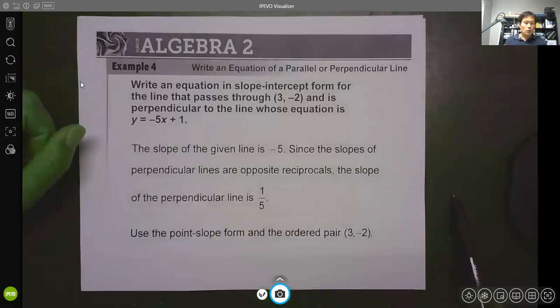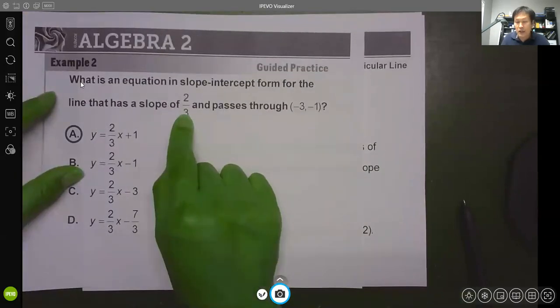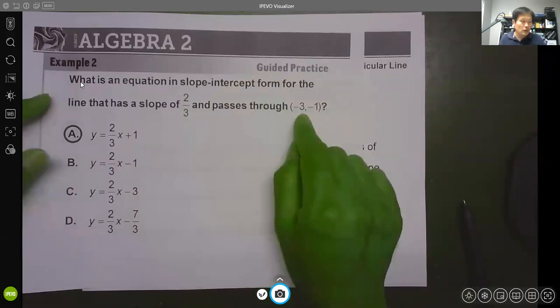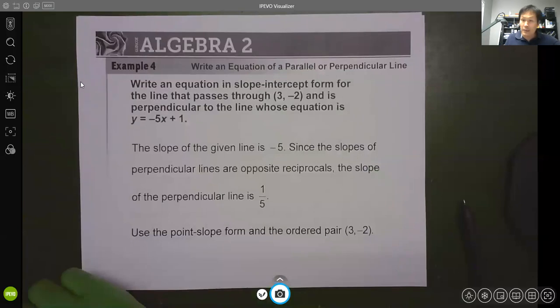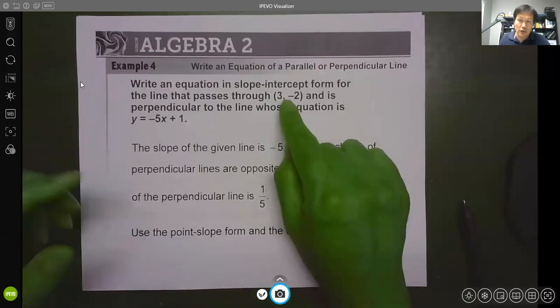Okay, so I want you to think about this compared to previous questions. In the previous question, they gave you slope and they gave you a point. It's almost the same as that question. They gave you a point.